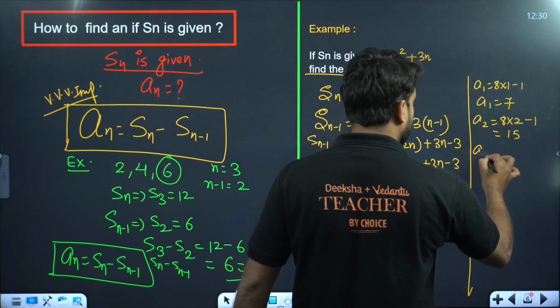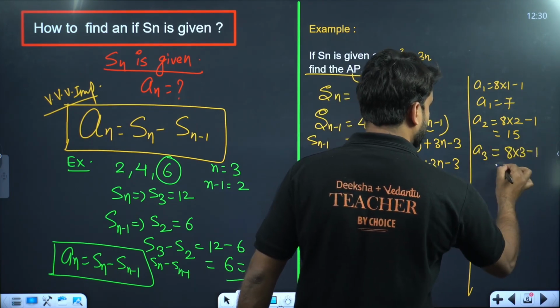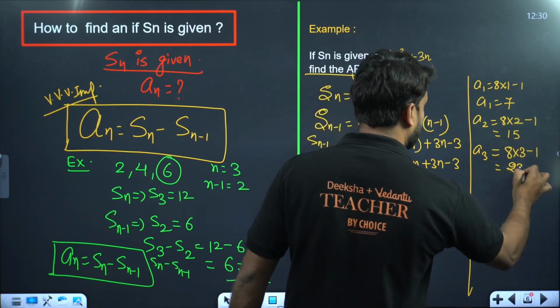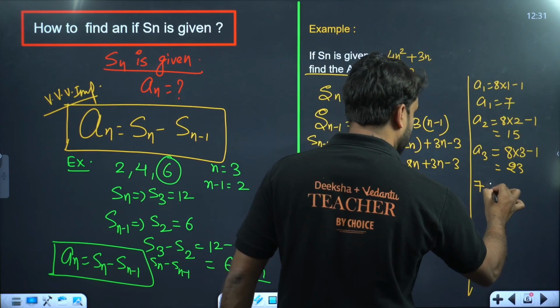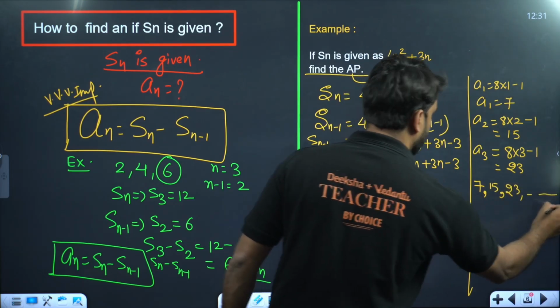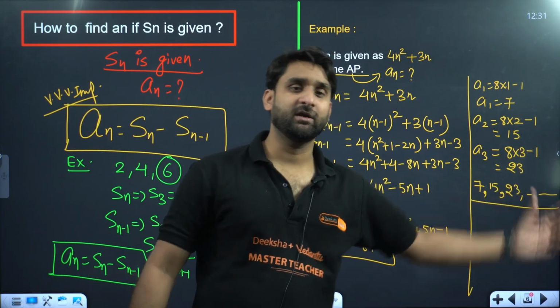Similarly A3 will be 8 into 3 minus 1, so this is 24 minus 1, which is 23, and so on. So the AP will be 7, 15, 23, and so on. This is the answer. You can see the common difference is 8, 8, 8, 8.